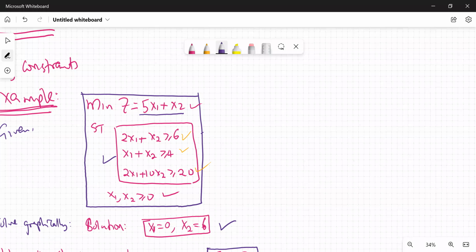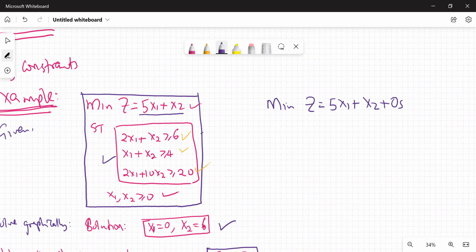So this will be minimize z is equal to 5x1 plus x2 plus 0 s1 plus 0 s2 plus 0 s3. So whatever the value of the slack or surplus, it should not change the objective function. That's why we are giving them 0. Because the optimal solution should not be modified, cannot be changed, because we can't get a better solution than that.